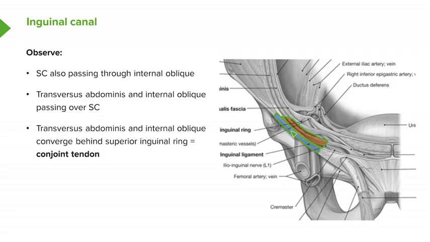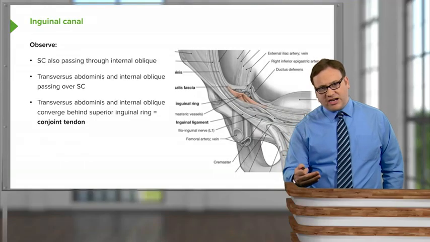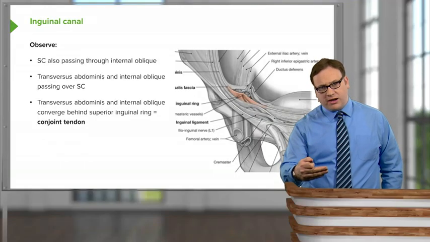Anteriorly, we've got external oblique aponeurosis and internal oblique aponeurosis. Over the roof, we've got transversus abdominis and internal oblique. And then posteriorly, we have this thin membrane, which the testes penetrated as they passed through, and that's transversalis fascia, forming the posterior boundary.